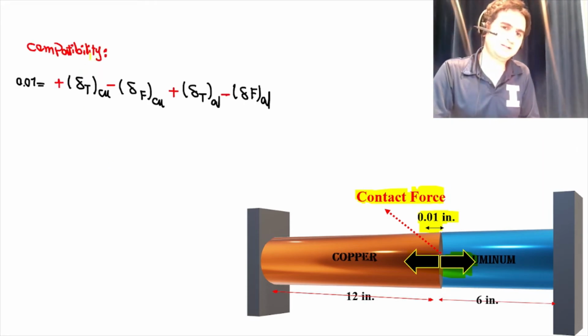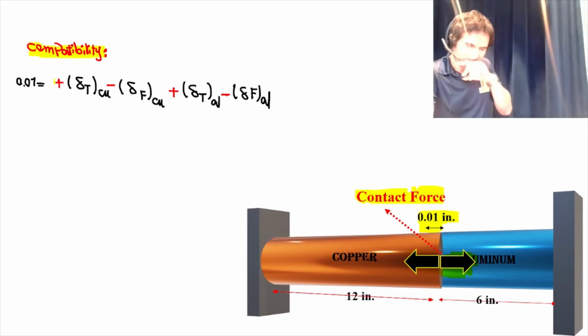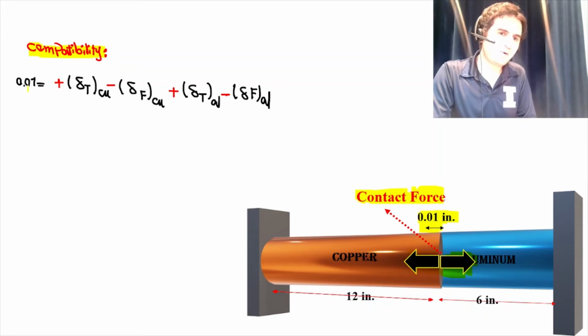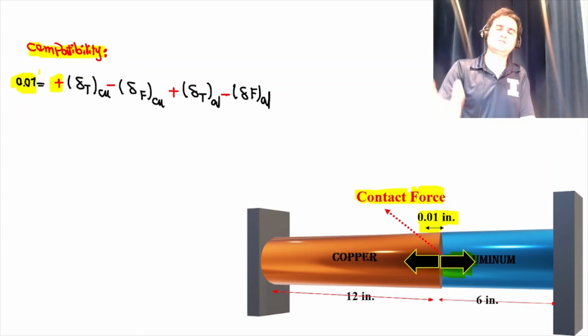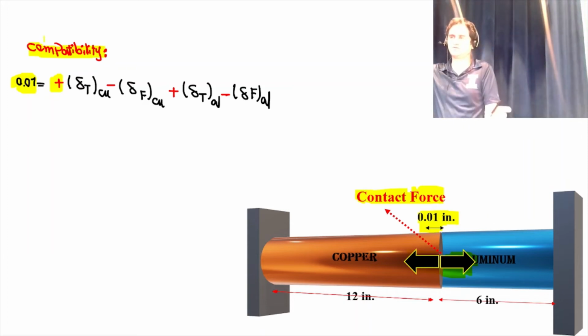Due to compatibility again, this time the 0.01 inches, which is delta T, should go by an increase in temperature. Just assume we are increasing from 60 degrees to 300.